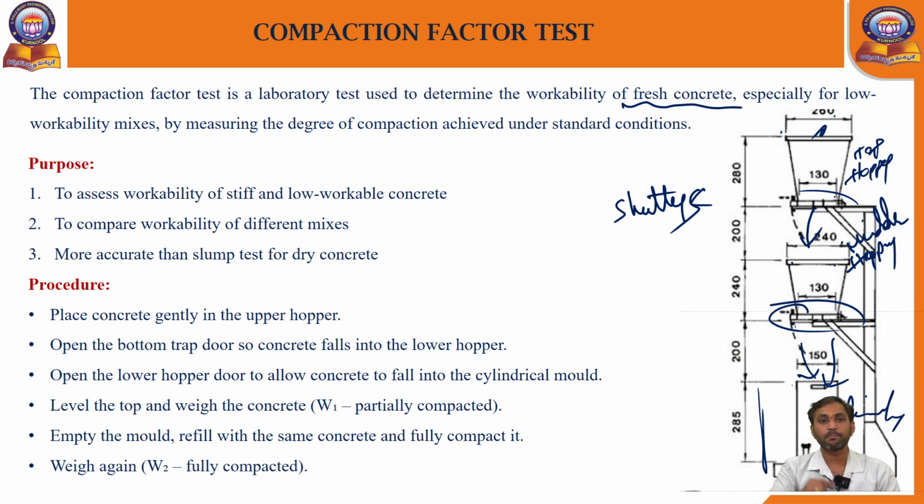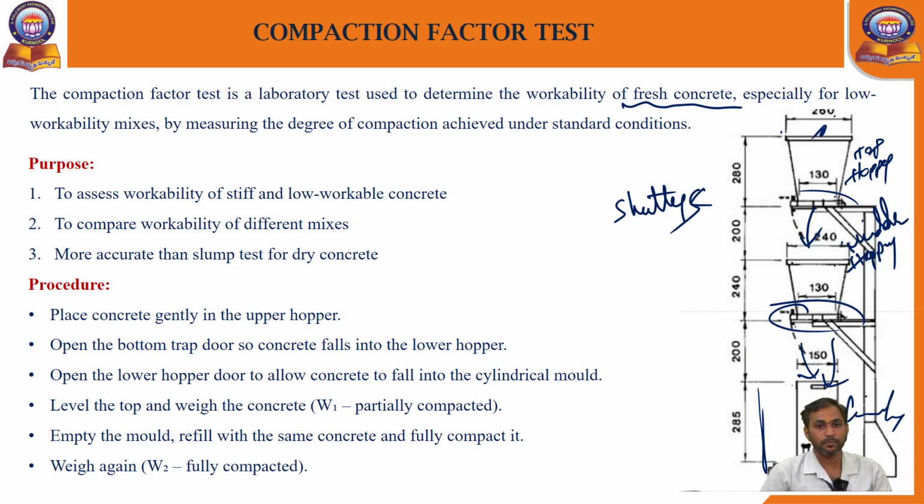Purpose: to assess the workability of stiff and low workable concretes, to compare the workability of different mixes, and it is more accurate than the slump test for dry concretes, not for very liquid or semi-liquid concretes. It is only suitable for dry types of concrete.